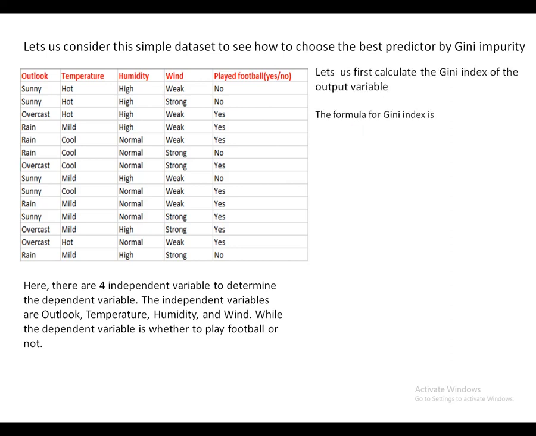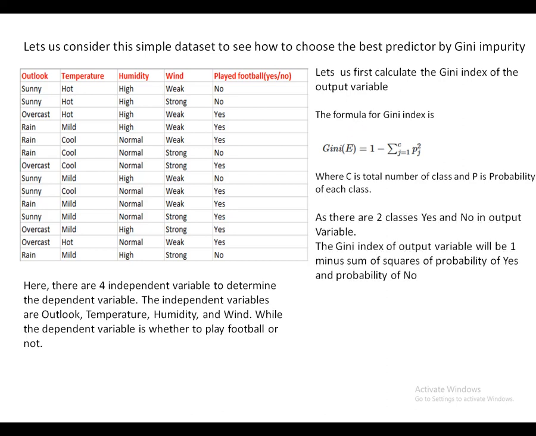Let us first calculate the Gini index of the output variable. The formula for the Gini index is this, where C is the total number of classes and P is the probability of each class. As there are two classes, yes and no, in our output variable, the Gini index of the output variable will be 1 minus the sum of the squares of the probability of yes and the probability of no. So let's do the calculation.